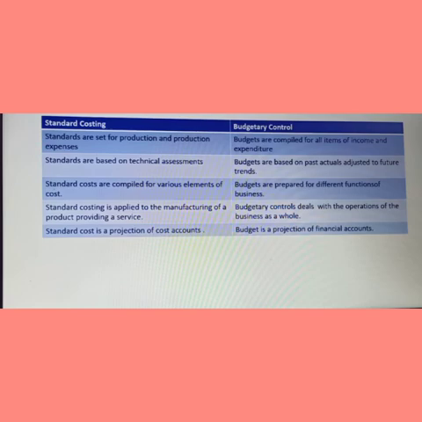Standard costs are compiled for various elements of cost, whereas budgets are prepared for different functions of business. Standard costing is applied to the manufacture of a product or providing a service. Budgetary control deals with the operations of the business as a whole. And the last, standard cost is a projection of cost accounts, whereas budget is a projection of financial accounts.